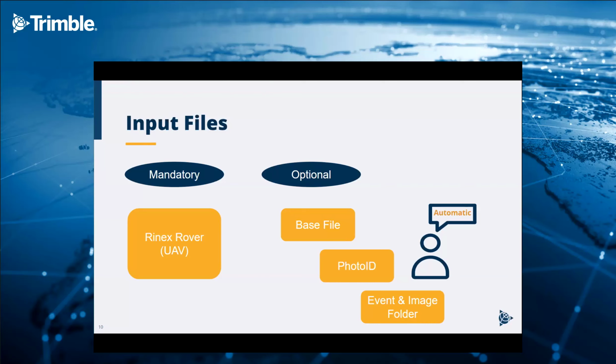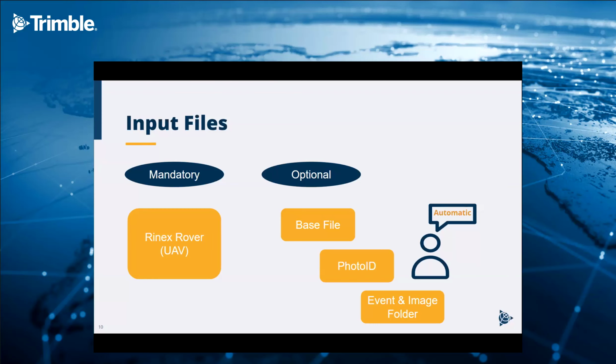But if you don't have that photo ID file, we have a photo ID editor tool that allows you to create that photo ID file based on an event file. And an event file, again, is just having increments of events and a timestamp of when the image was taken. So an exact timestamp is obviously needed. Plus, you need to have your images available.